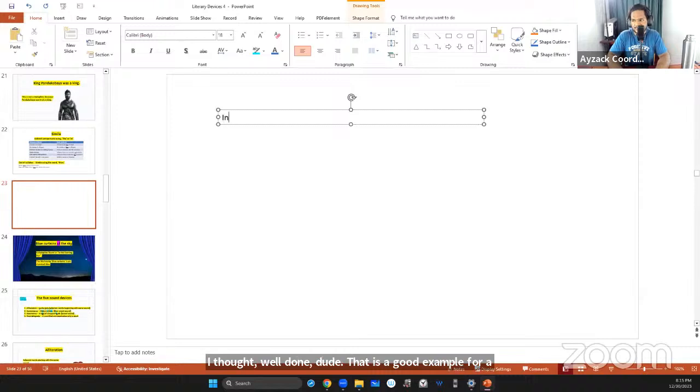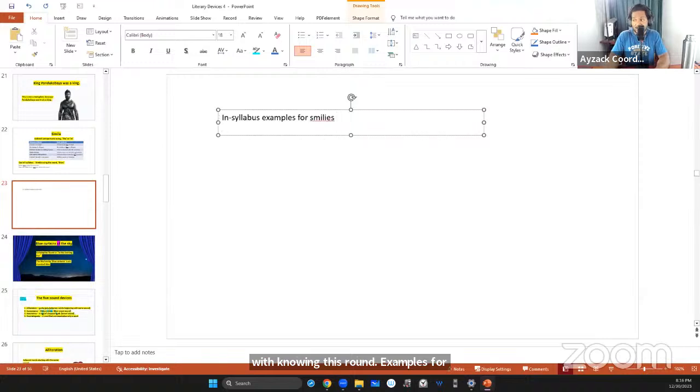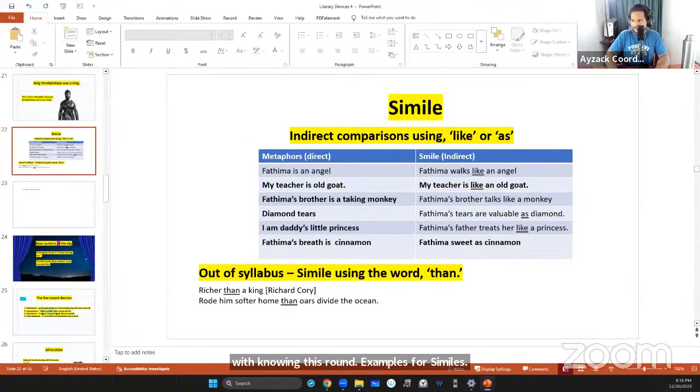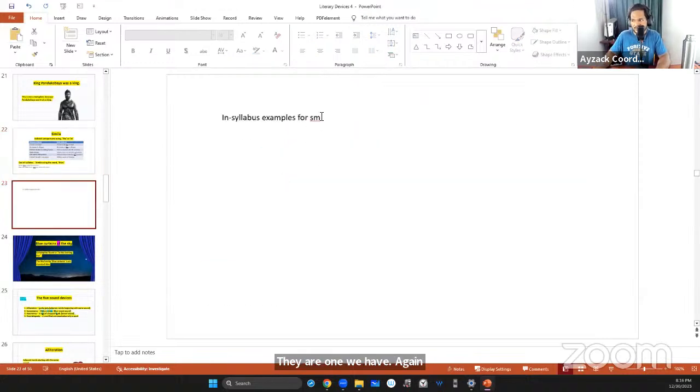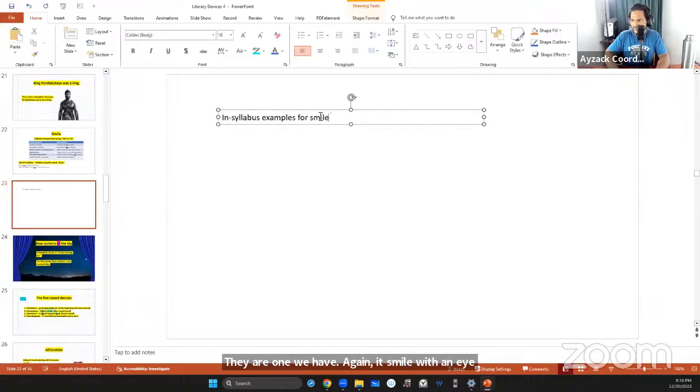In-syllabus examples for similes. There's nothing wrong with noting these down. Again, it's simile with an I between S and M. There we go. Similes.